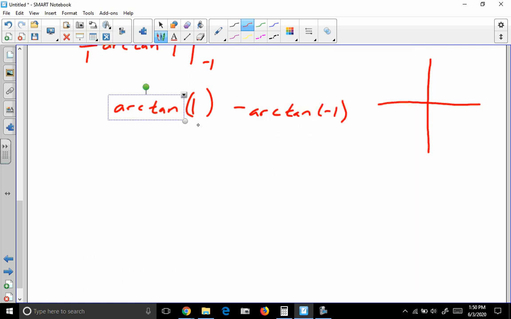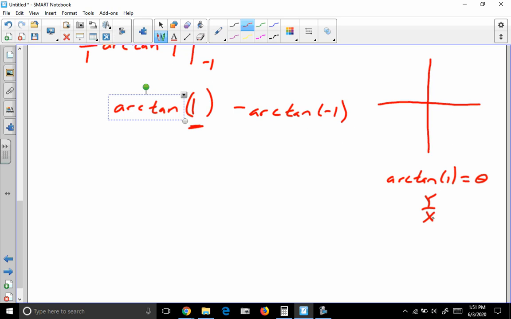Remember how we do this calculation. This is a ratio and our answer is an angle. So we're looking for what angle has a ratio of 1 for tangent. In other words, at what angle is y over x equal to 1? Tangent on the unit circle is y over x.